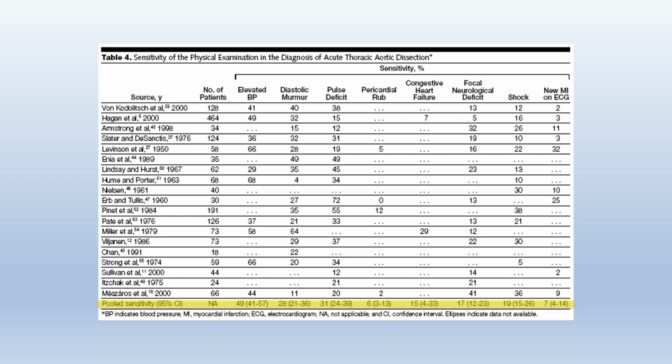And sensitivity to physical examination: as outlined, pooled sensitivity is around 49 for elevated blood pressure, diastolic murmur around 28, pulse deficit 31, pericardial rub 6, and congestive heart failure 15.